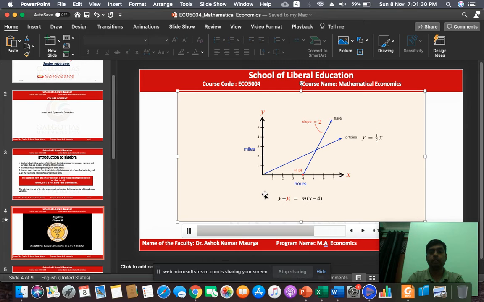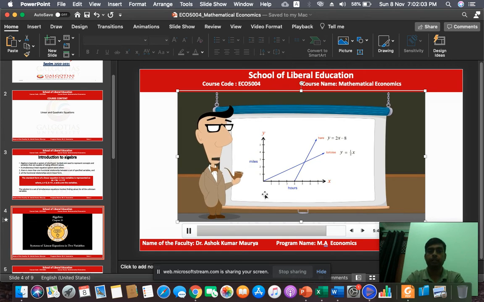So if we make the equation, this is the equation of speed of hare, and that will be y is equal to 2x minus 8. So here we got two different linear equations, of speed of tortoise and speed of hare.